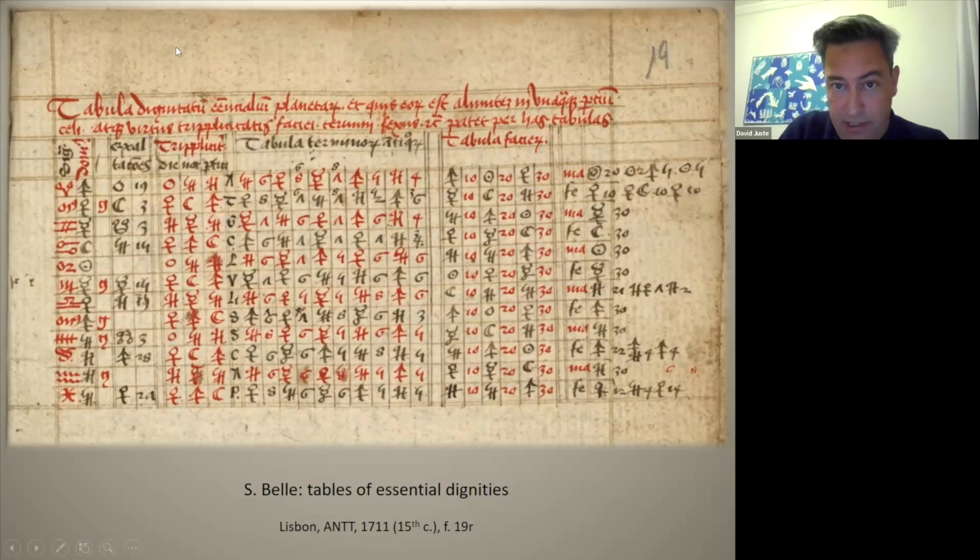And actually, you can see at the top here, Almuten. This is really designed for calculating the Almuten. This is in the title of the table.